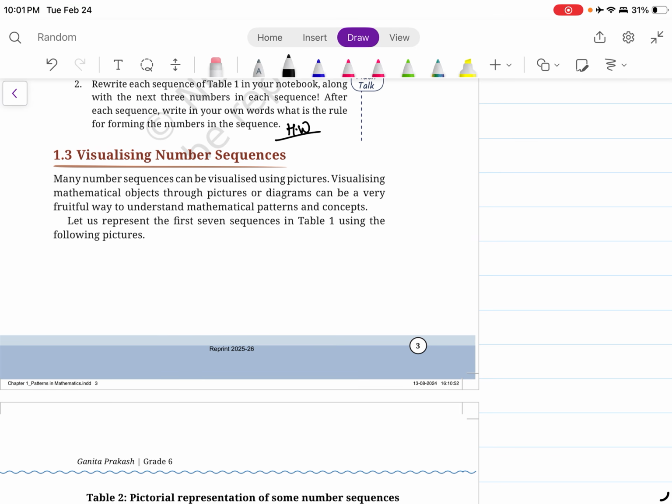1.3 दोस्तों. Many number sequences can be visualized using pictures. Visualizing mathematical objects through pictures or diagrams can be a very fruitful way to understand mathematical patterns and concepts.